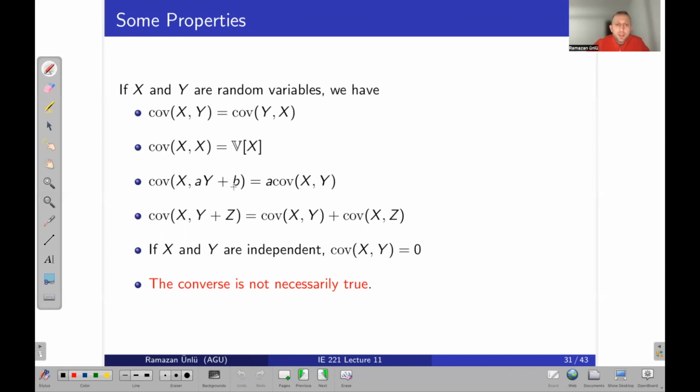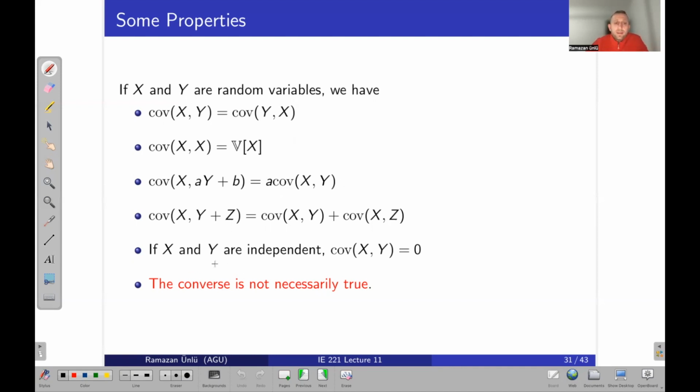So the constant values will not affect the covariance, but the coefficients will. Also, the covariance of x and y plus z, the sum of two random variables, is equal to the covariance of x and y plus the covariance of x and z. So if you remember these properties, things will be much easier for you. But if you don't, you can just look at some source.